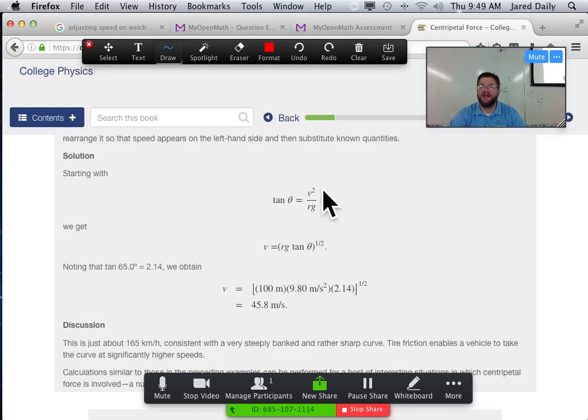Tangent theta equals velocity squared over r times g. So we need velocity. Yep. That is right. How is there gravity? Because it's related to the normal force.